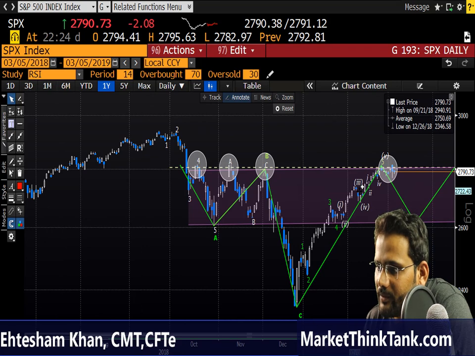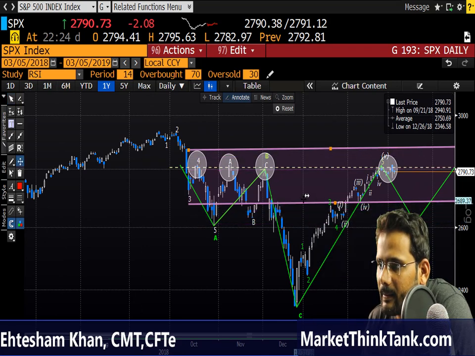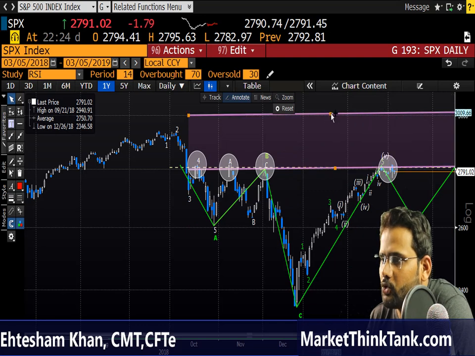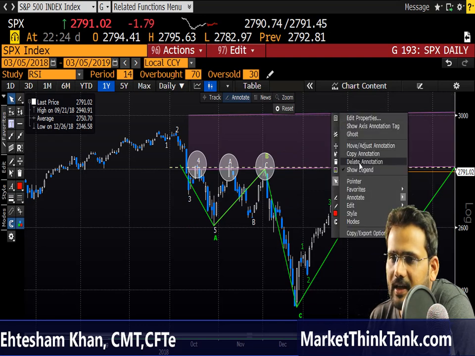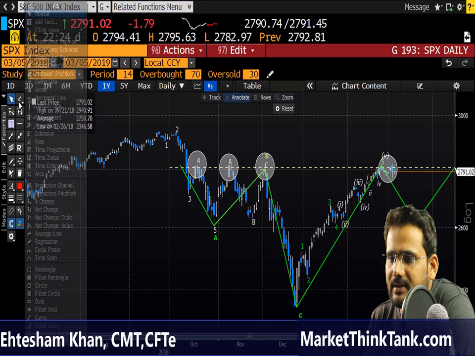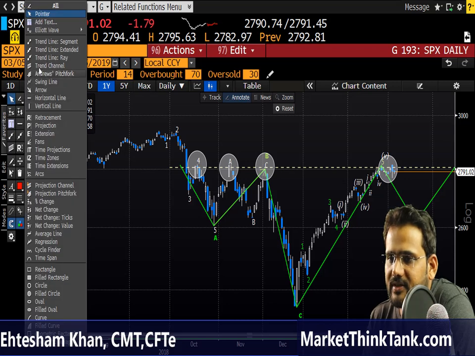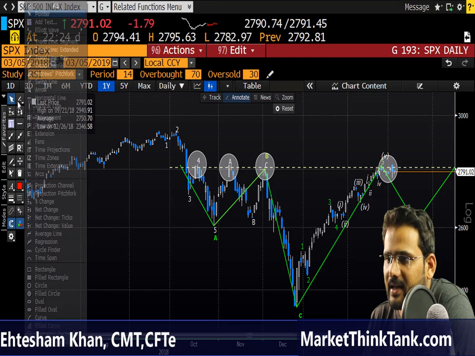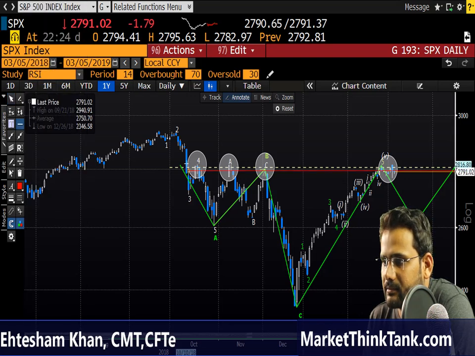So this zone is going to be very critical, and we need to see how the market reacts on these levels, because we have seen in the past as well, whenever the market comes around these lines, it gets very good resistance.